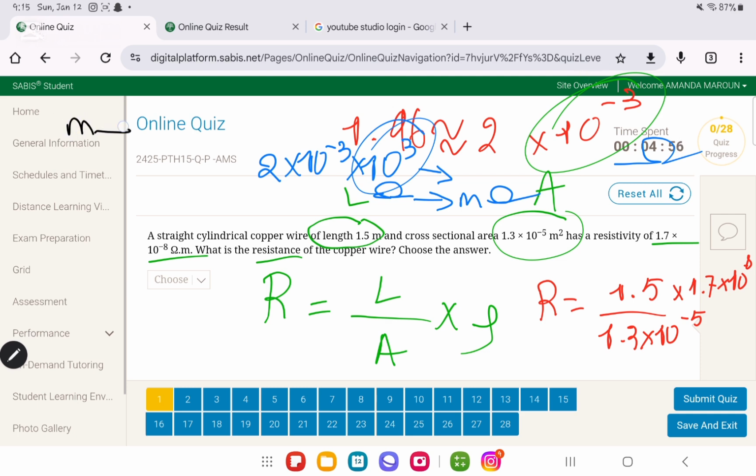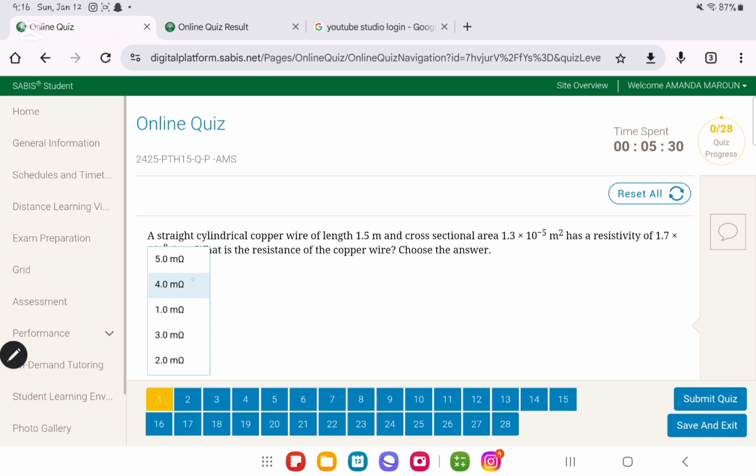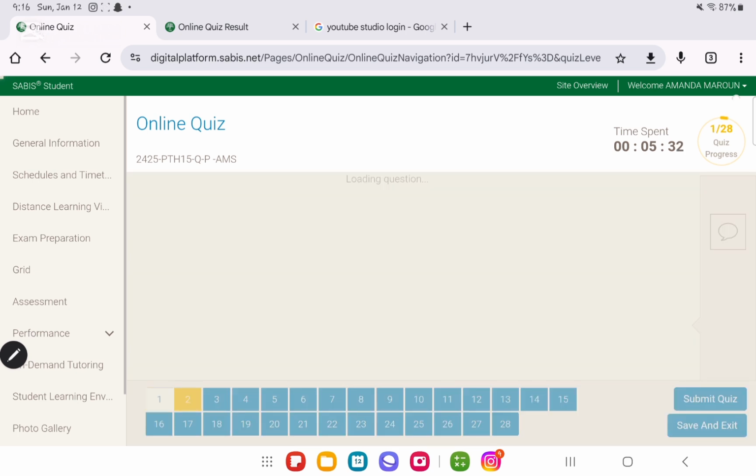If you want to change from milliohm to ohm, you divide by 10 to the power of 3. However, if you want to change from ohm to milliohm, you multiply by 10 to the power of 3. In this case, we are changing from ohm to milliohm. So 2 times 10 to the power of minus 3 times 10 to the power of 3, we are going to get 2 milliohm. And our answer here is 2 milliohm.